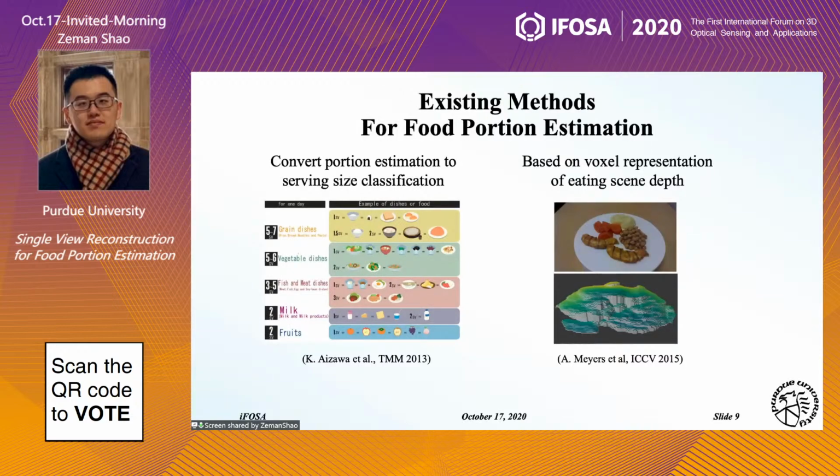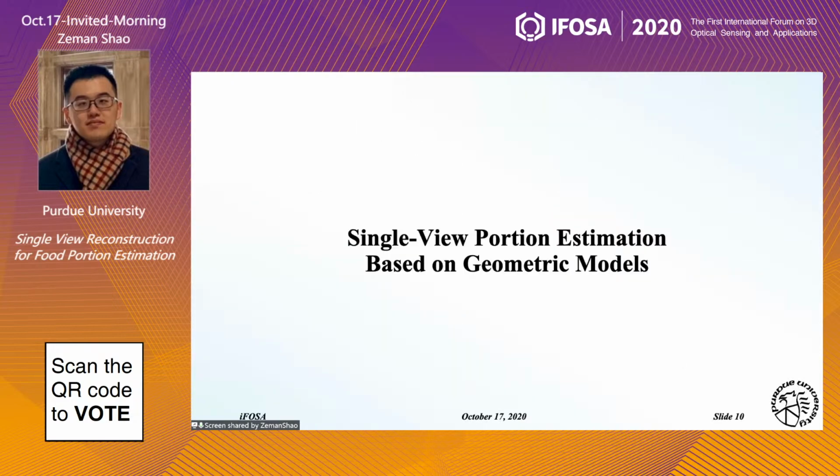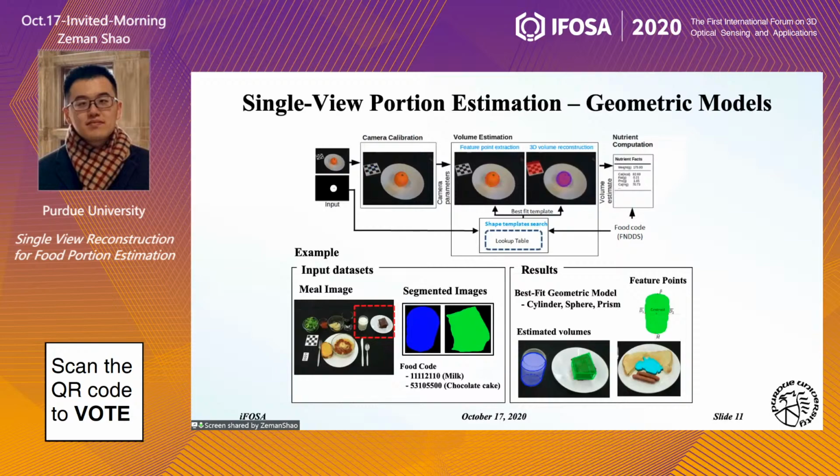Therefore, we introduced our method, single view portion estimation based on geometric models. In this method, we assume that food items in an image have been classified and the segmentation mask associated with each food item has been obtained.